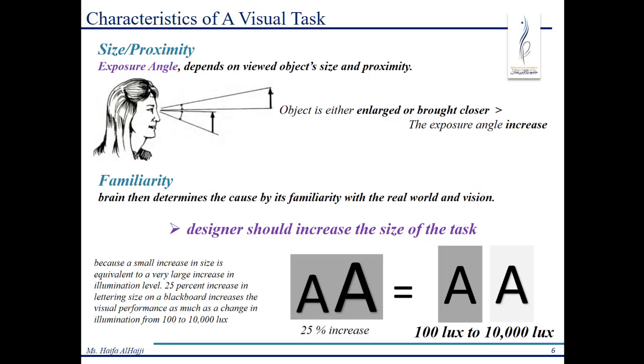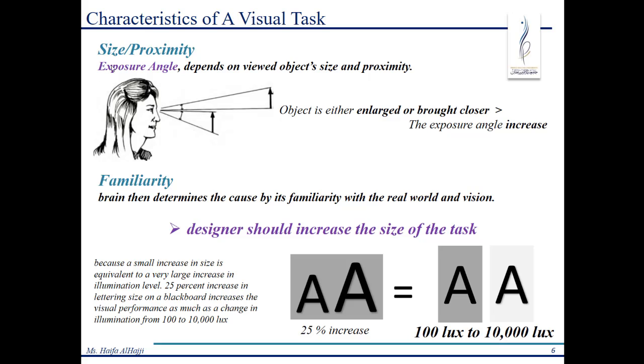Now in this image, we have the same letter or the same arrow we are looking at. The visual task is the same, but here it's brought closer to the eye, and here it's brought further from the eye. Common sense would say if you take it further, you will see it as smaller. If you bring it closer, you will see it as bigger, and if it's bigger, you will see it better.